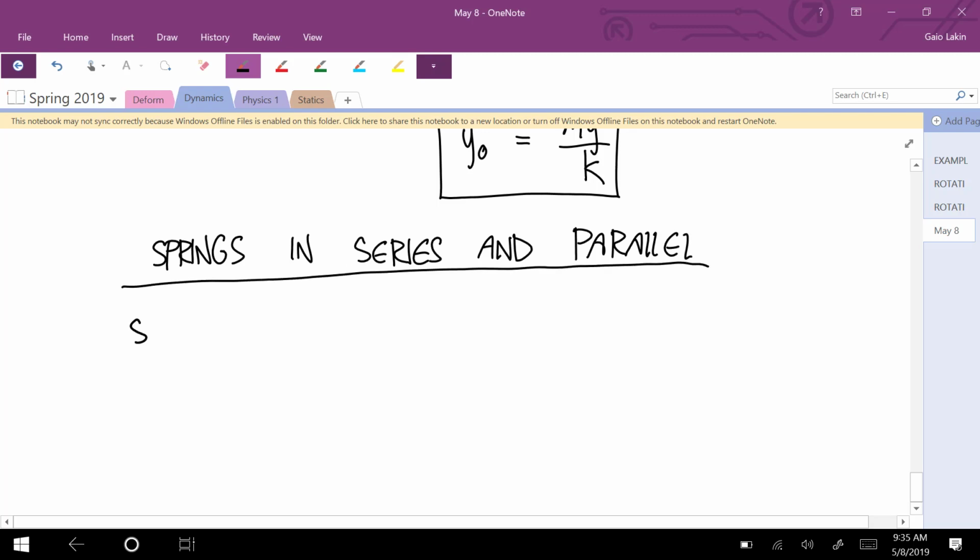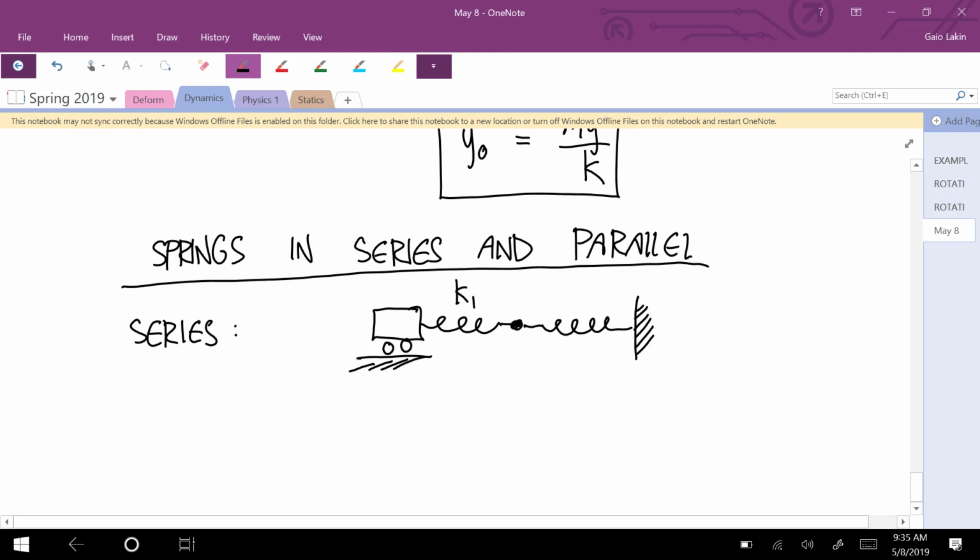So a series spring is like this. You have one spring connected to another spring. Call this one K1 and this one K2.